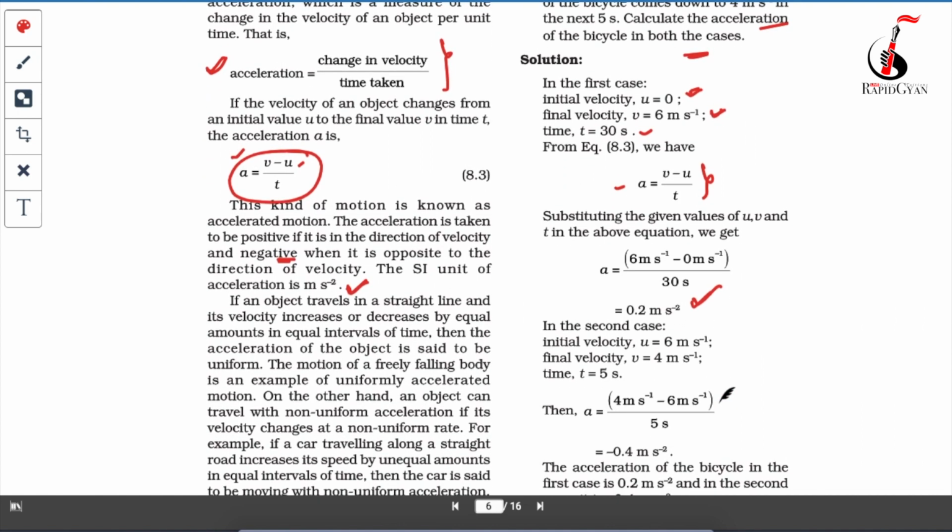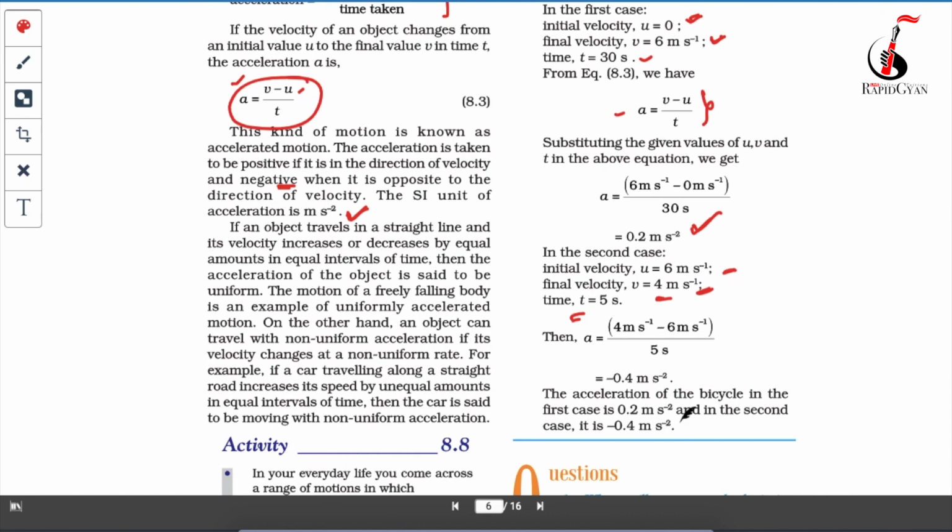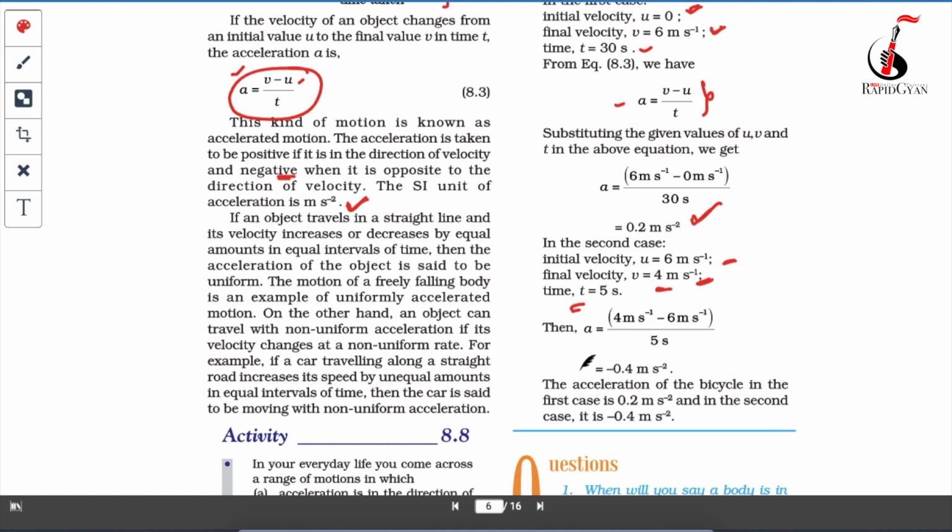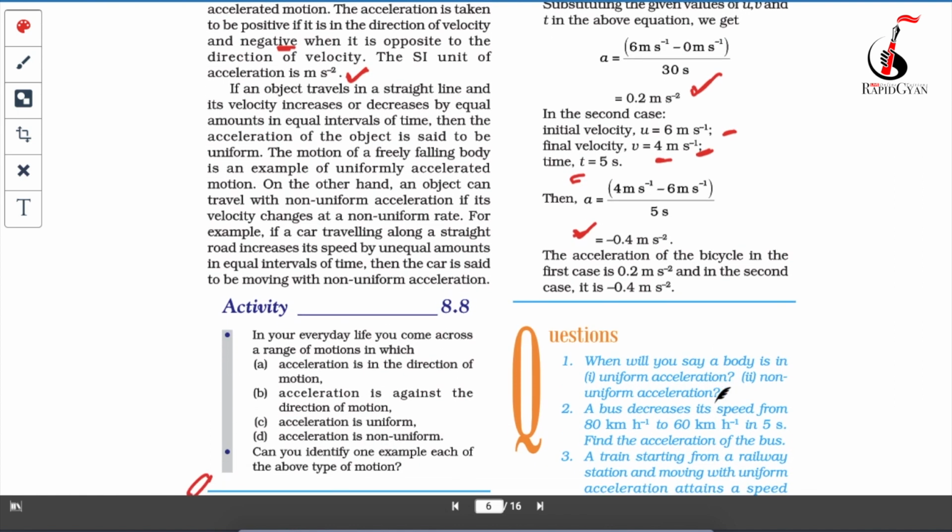In the second case, your initial velocity is 6 meter per second, your final velocity is 4 meter per second, time is given, so acceleration will be 4 minus 6, v minus u, v is your final, so 4 minus 6 upon 5. In this case your answer will be negative, means this is the case of negative acceleration. Hope it's clear, guys. Okay.